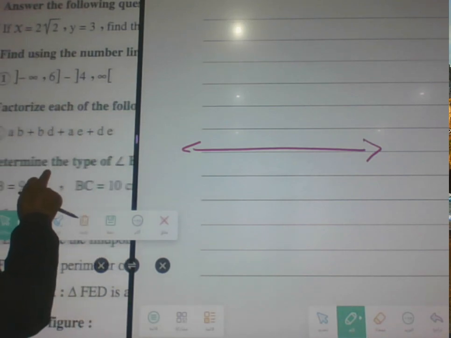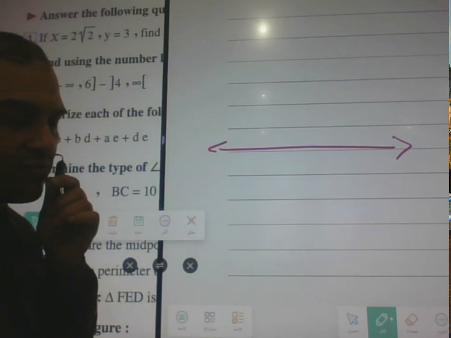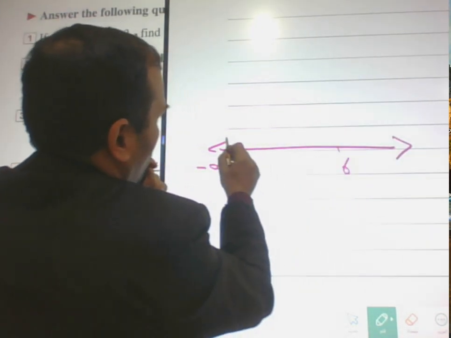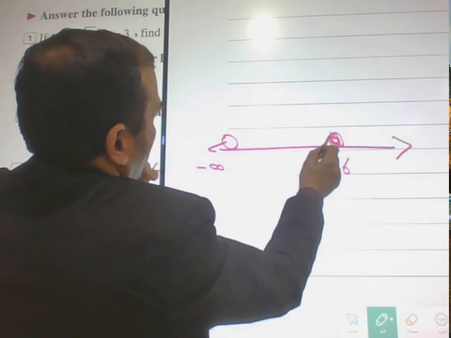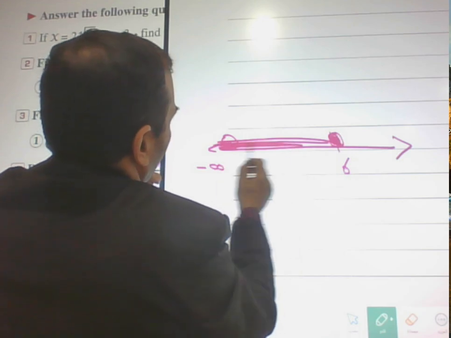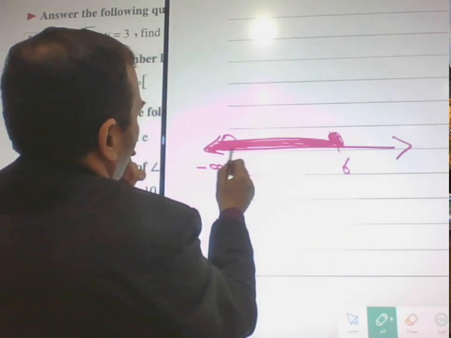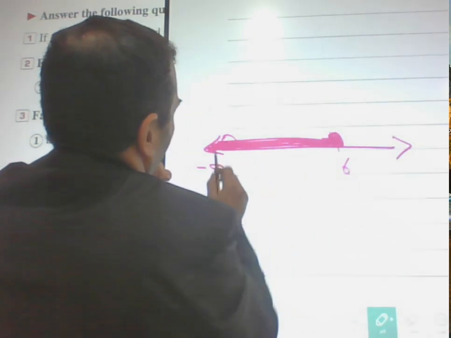Draw the number line here and write the first interval from negative infinity to 6. We have negative infinity here, and this number 6, closed at 6, going to infinity. This interval is open at negative infinity and closed at 6, like this.